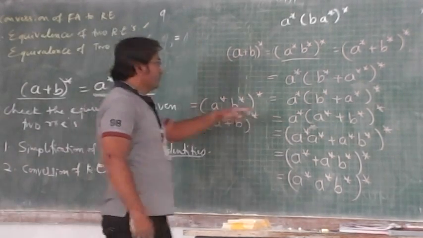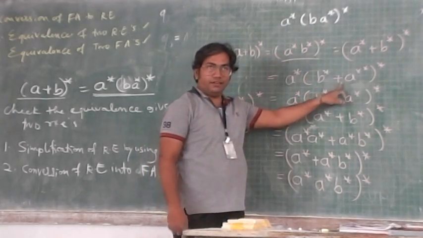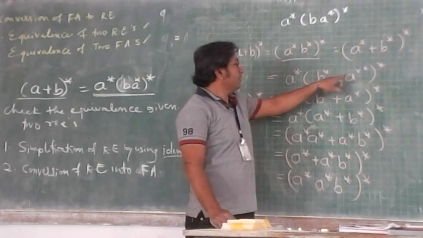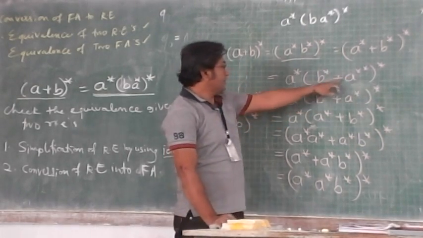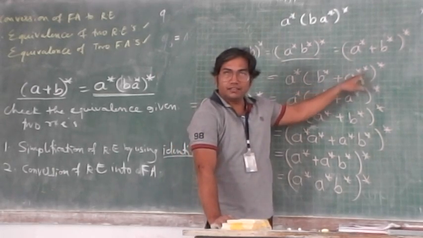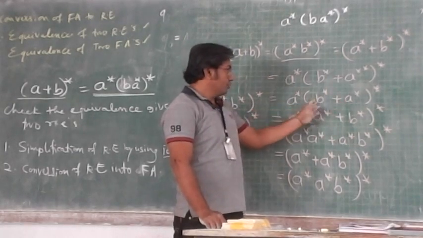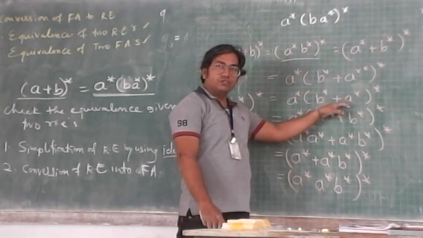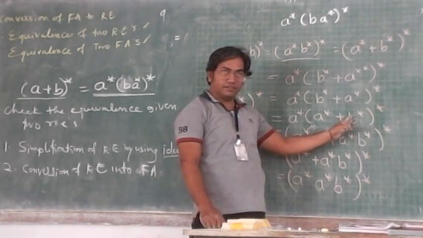What have I done here? I applied the star here, so I got (B star plus A star) whole star. So this A star, it means again A star, so I kept that A star as it is. This is an R, so I can write like this: A star or B star plus B star.